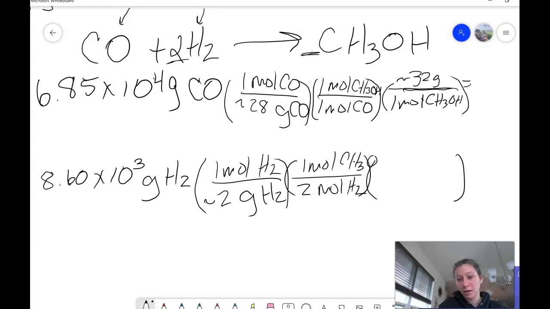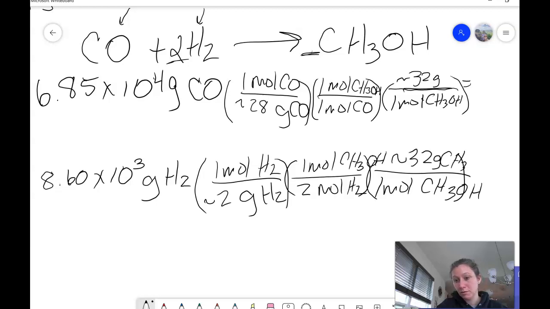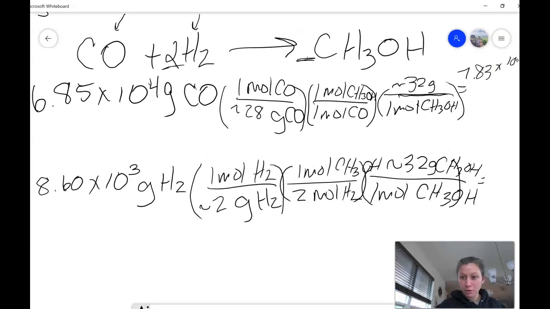Again, we're just doing stoichiometry to calculate which is my limiting and which is my excess reagent, and this is still about that 32 grams we found up there. If you get the values for both of those, we can figure out which one is limiting and which one is excess. What you should have found is that this is about 7.83 times 10 to the 4th. That looks sloppy, sorry. I can't make that thing go away.